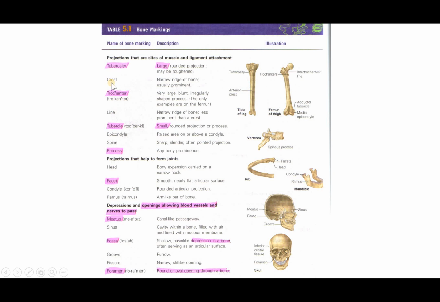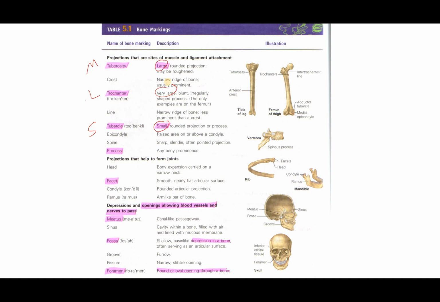Okay, so tuberosity, trochanter, and tubercle. Really, what that is saying is small, medium, and large. The way they have it listed here is small, large, and very large or extra large.